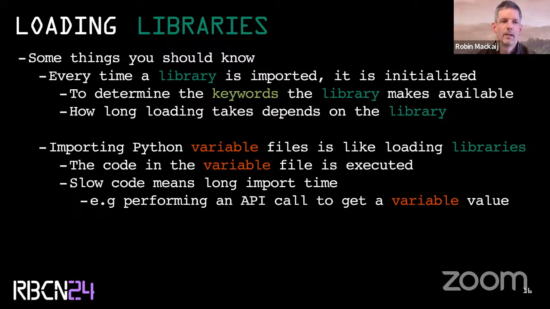Also, we can make Python variable files, and that works kind of the same as loading libraries, because the code in that variable file is executed. So if you, for example, have a variable server name that you retrieve by doing some API call to another system to give you that server name, and then you return that as the value for your server name, well, you just did an API call in that variable file, and that takes time.